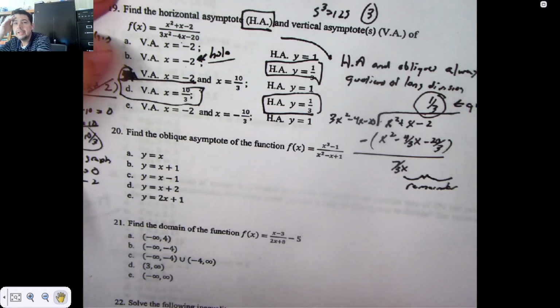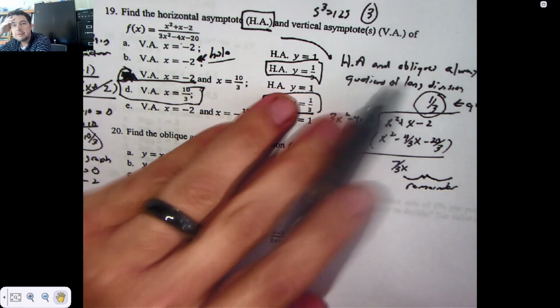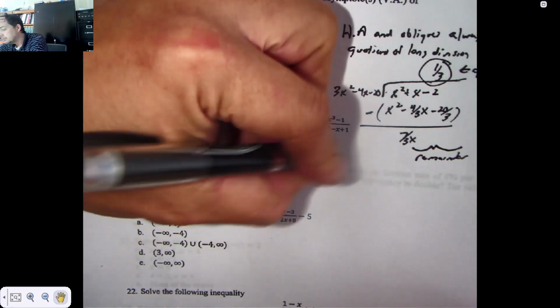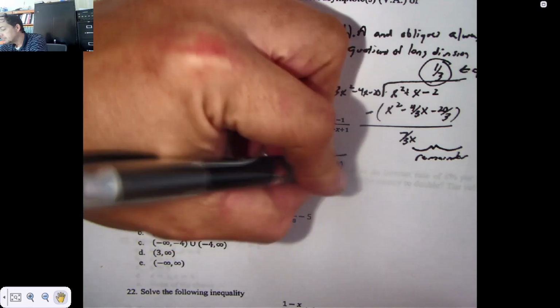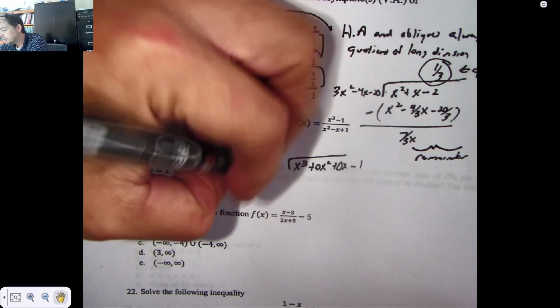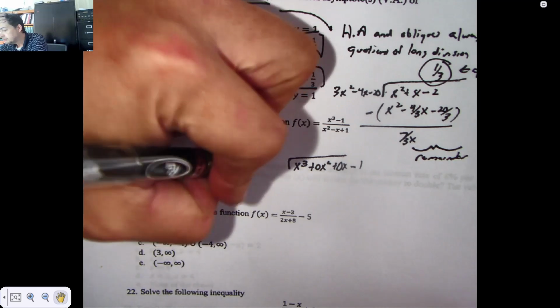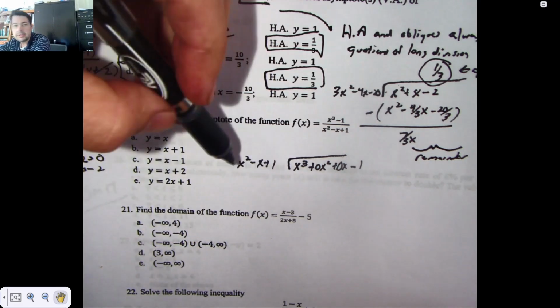All right, find the oblique asymptote of the function. And again, horizontal and oblique asymptotes are always the quotients of long division. I'm going to put placeholders in. You don't have to use placeholders, but it helps. To turn an x squared into an x cubed, I need an x.